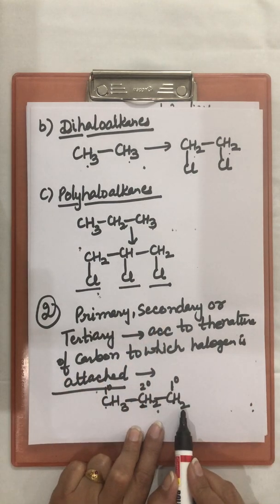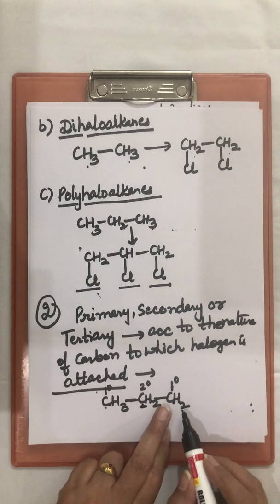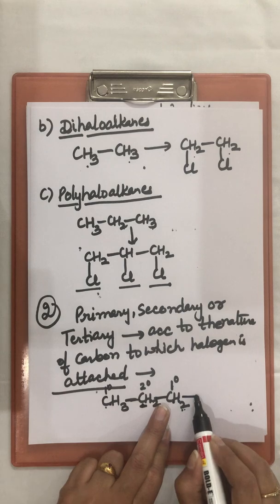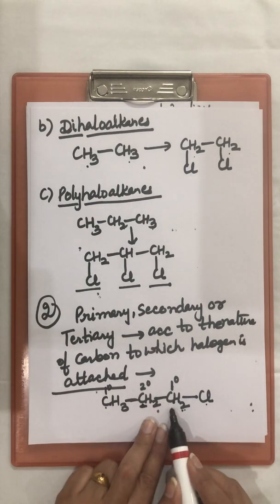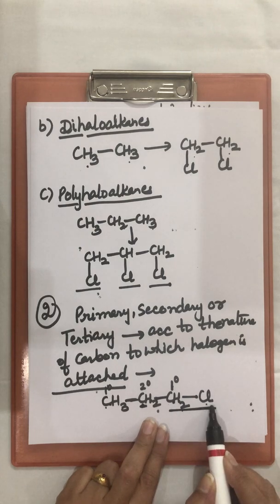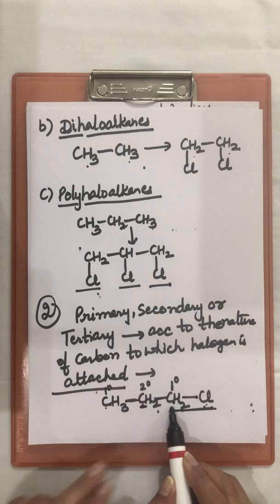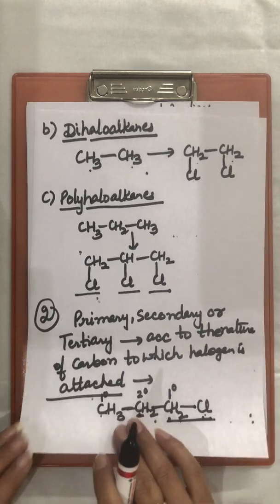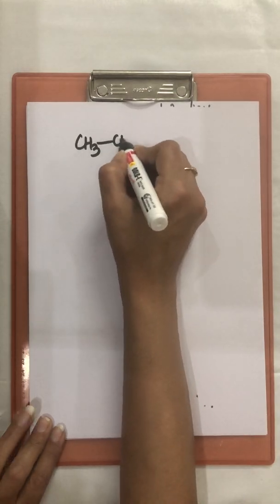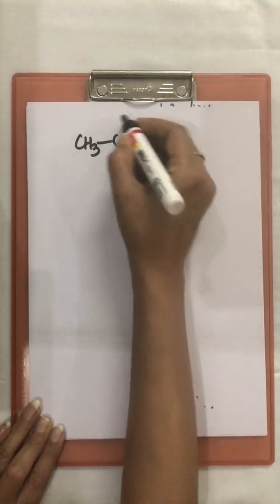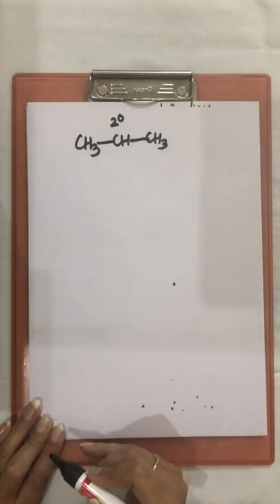Like in this case, we have taken out one hydrogen from this primary carbon, and in place of that hydrogen, if we put a halogen, then this haloalkane is called primary haloalkane since the halogen atom is linking to a primary carbon atom. Similarly, this carbon atom is a secondary carbon atom because this links further with two carbon atoms.